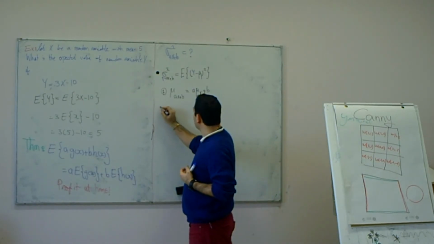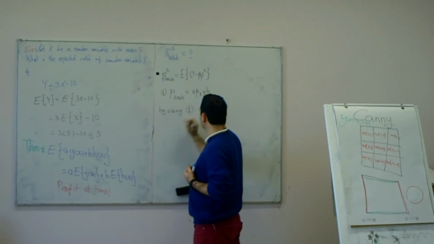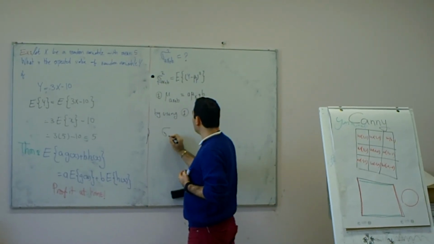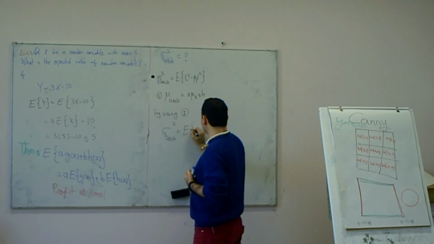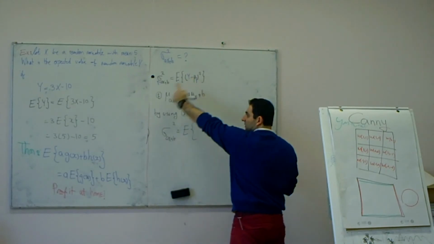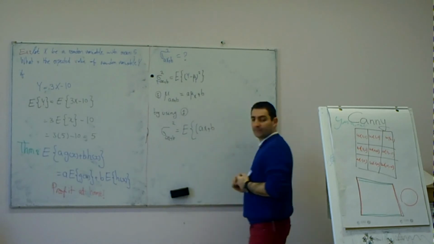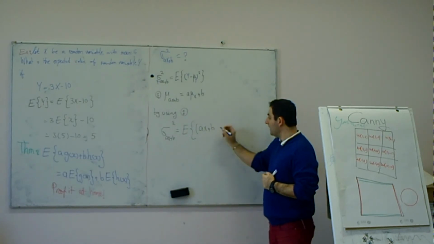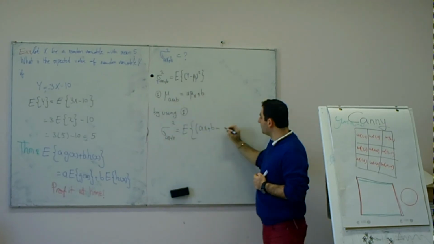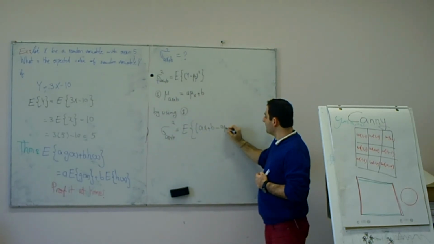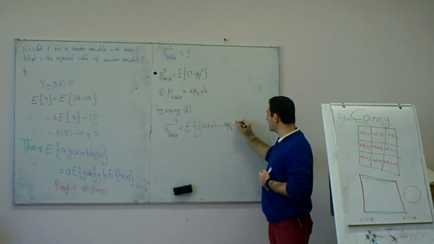Then, by using 1, we get that the sigma squared of aX plus b is the expected value of, instead of Y, I put aX plus b, right? Minus, instead of mu of Y, I put a mu X plus b, multiplied by minus, it will be minus b.